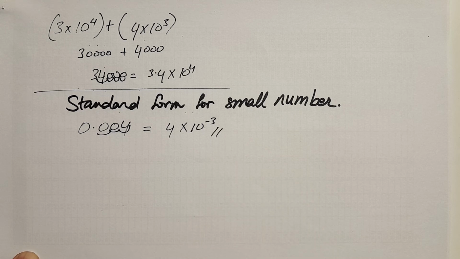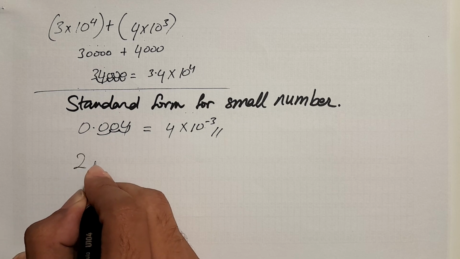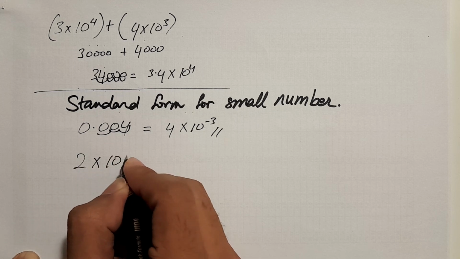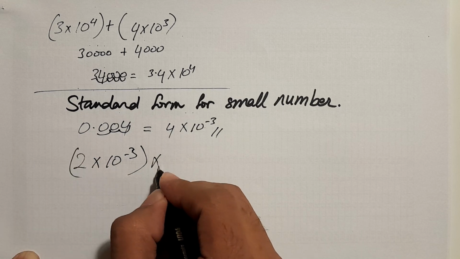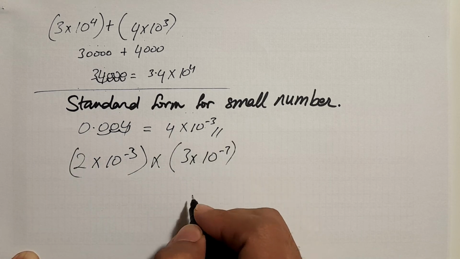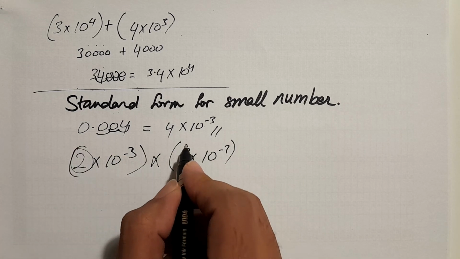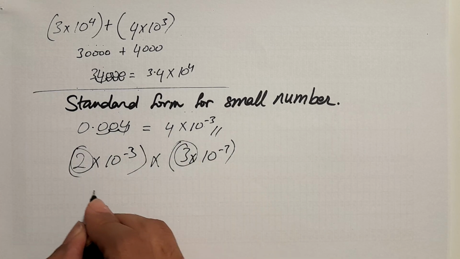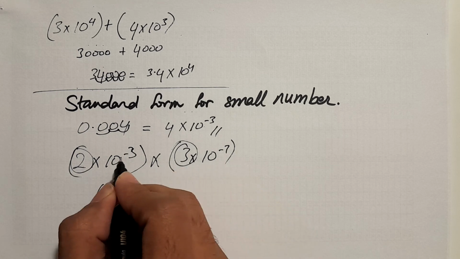Another example is if we have 2 multiplied by 10 to the power of minus 3 multiplied by 3 multiplied by 10 to the power of minus 7. So in the above question, which I've already explained, we multiplied the main two numbers, 3 and 2, which will be 6, and the powers will be added.